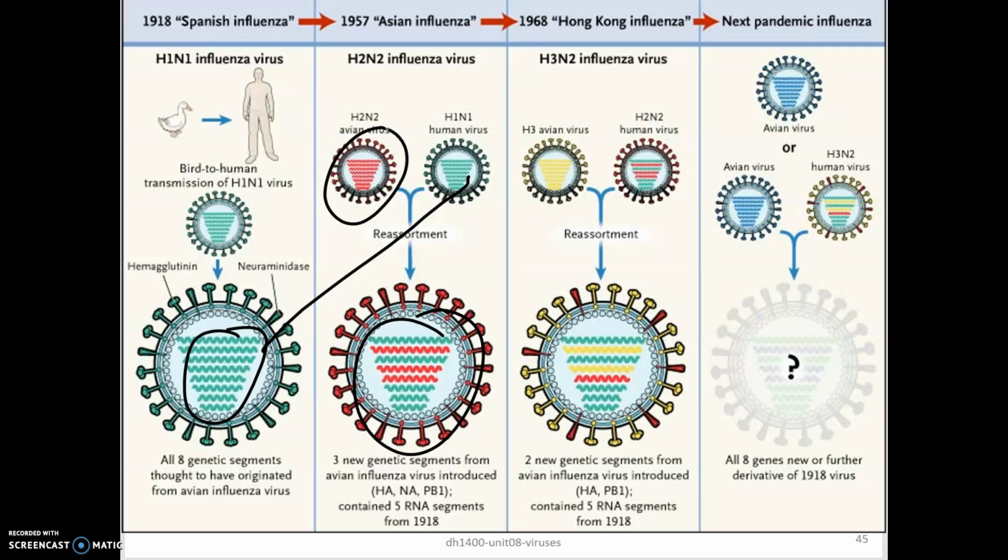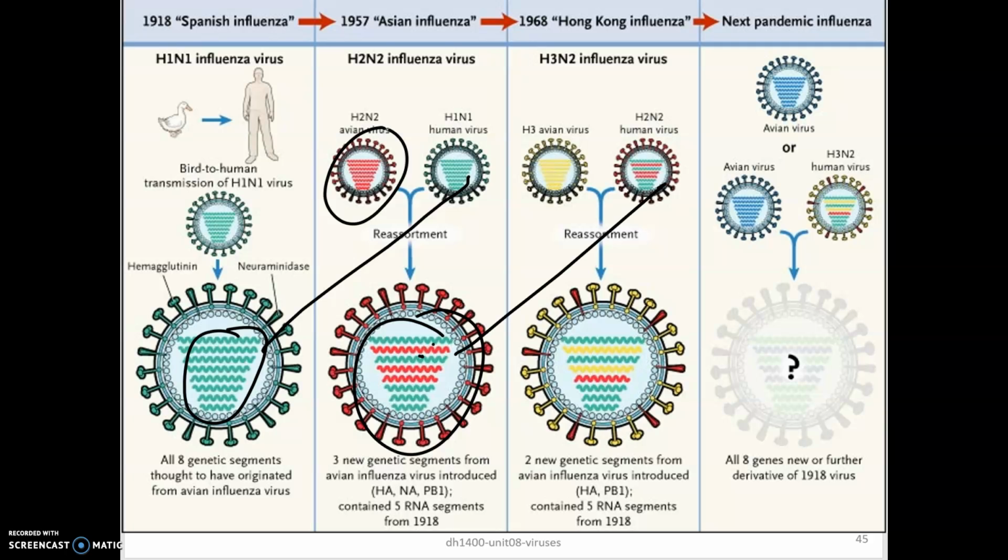Now if you look at this, you can see that there's chromosomes from H1N1 and chromosomes from H2N2, the green ones from H1N1 and the red ones from H2N2. So you can see how we get a major change in the genetics of two different viruses when they come together and reassort.